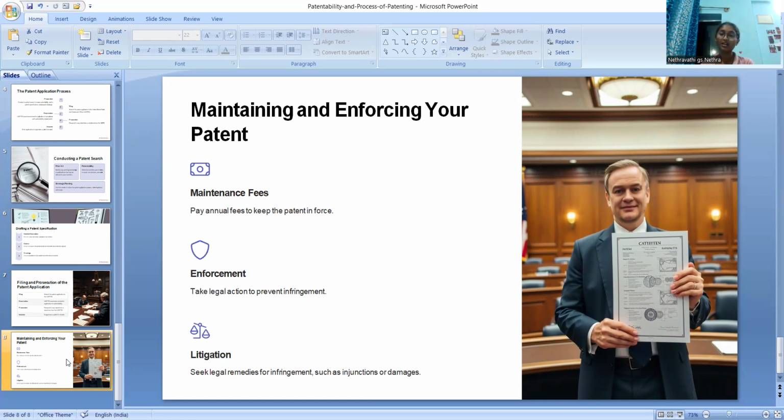Infringement is using others' work without informing them, so that's called infringement. It is against the law. In the litigation, seek legal remedies for the infringement, such as injunctions or damages.